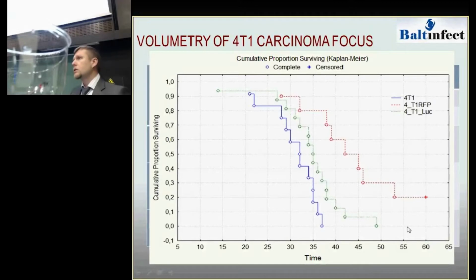So this model is not so good for preclinical investigation, but using the luciferase gene, it's okay. The survival curve doesn't differ much from the wild type 4T1 cells, and this model is useful for preclinical study.